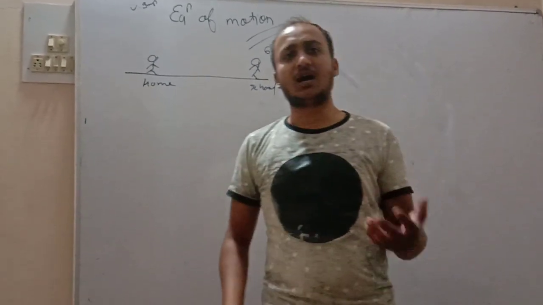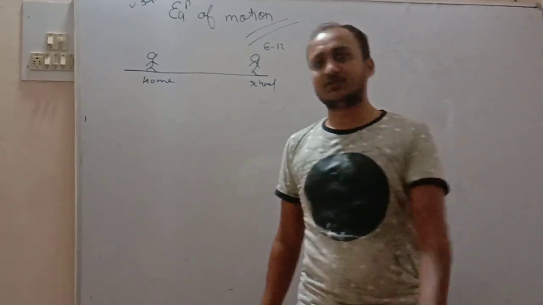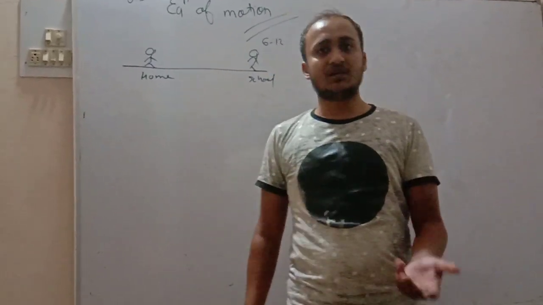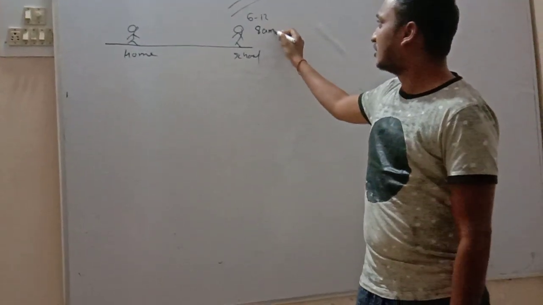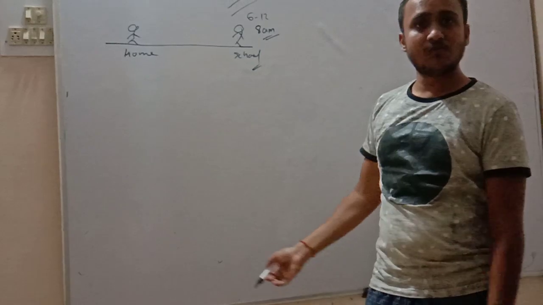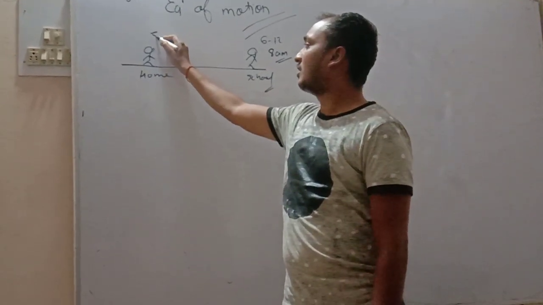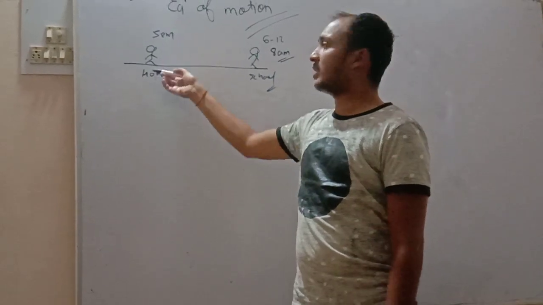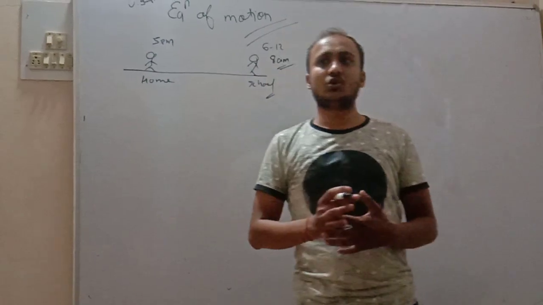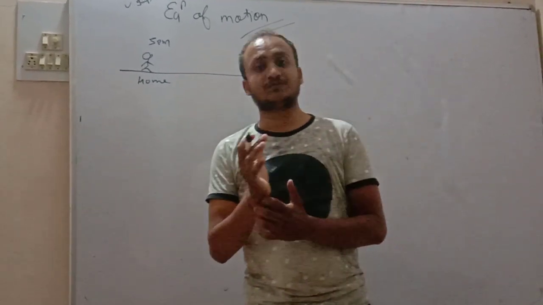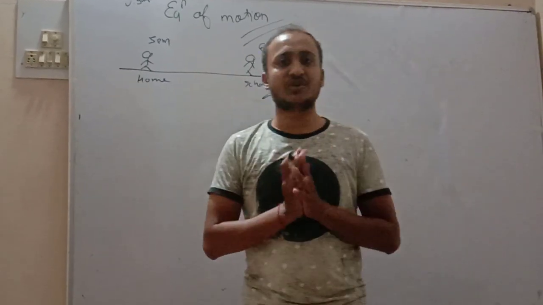If someone asks your position at 7 or 8 a.m., you will be at school, and if someone asks your position at 5 p.m., then you will be at home. So there is a constraint, and we can predict the motion when there is some constraint.